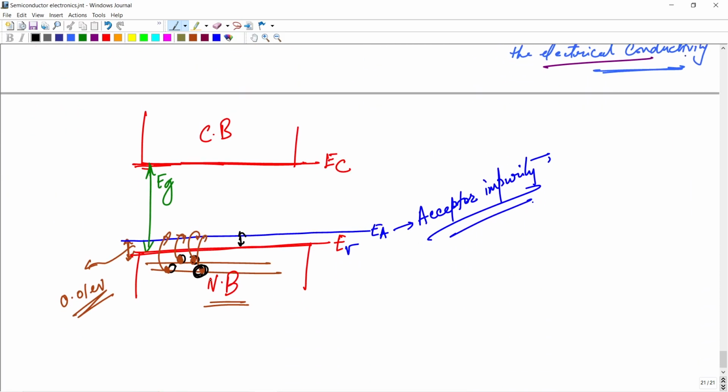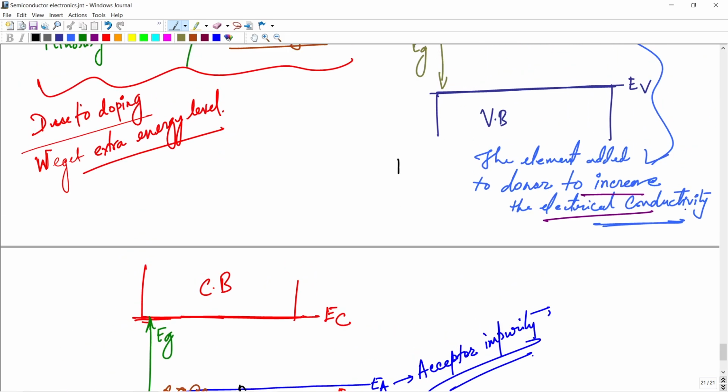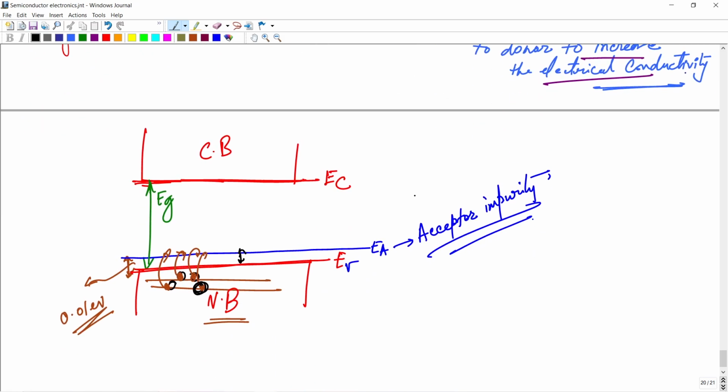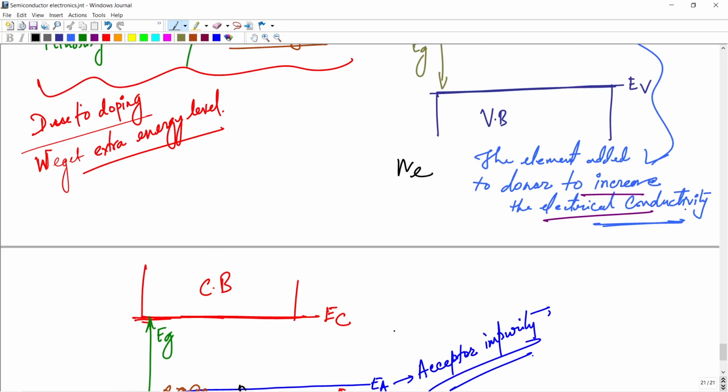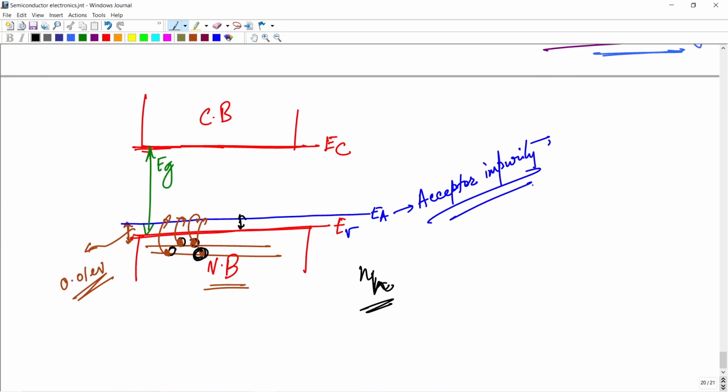So here the important point: Ne is the number of electrons and NH is the number of holes in thermal equilibrium.